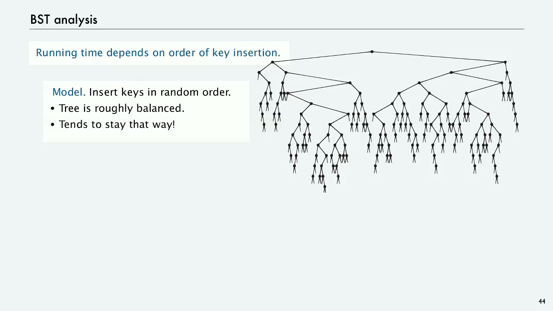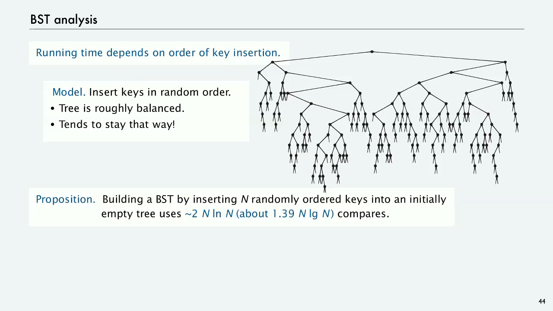Let's take a model where we say we're going to insert the keys in random order. Well, it's possible to prove that if the keys are randomly ordered, the cost of building a binary search tree with those keys is about 2n natural log n, or 1.39 n log base 2 of n compares. If it were perfectly balanced, it would be exactly n log base 2 of n.